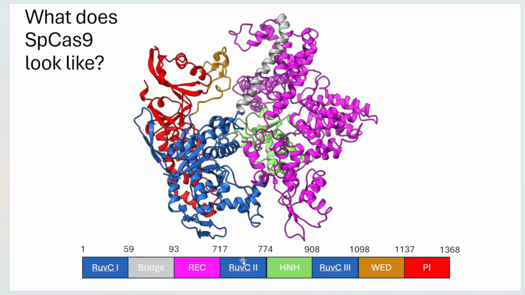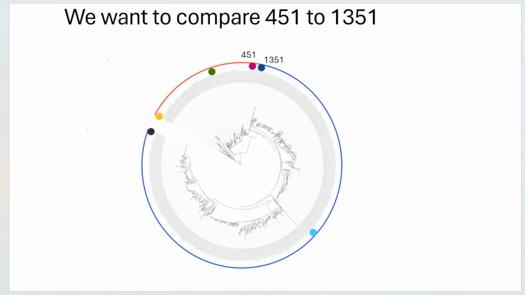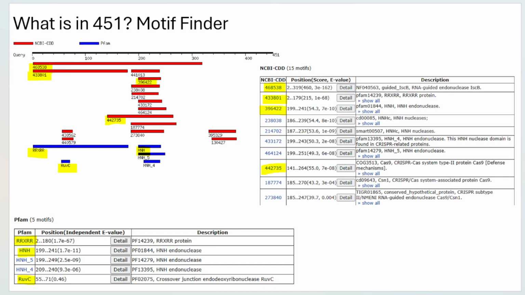There's one at the beginning, kind of one over here, kind of one over here. That's fine. It should be comparable because we are talking about ancestors anyway. So it's picked up an RuvC here, HNH over here, pretty comparable to here, 396422. So we can be quite certain that Motif Finder has found us an IscB which has a Cas system in it that has an HNH and RuvC.